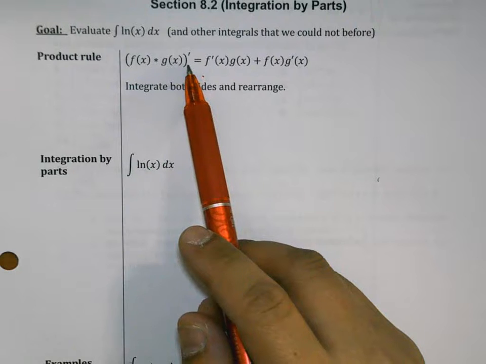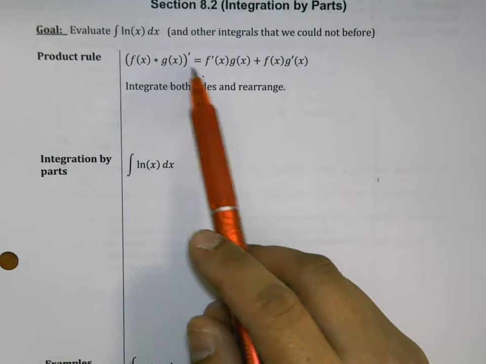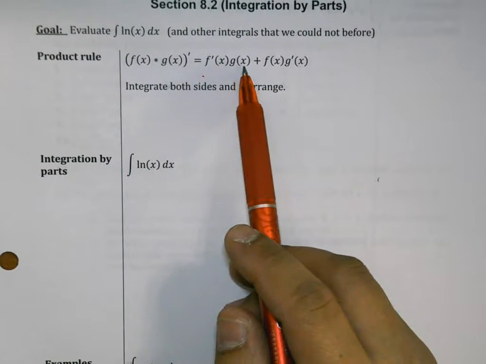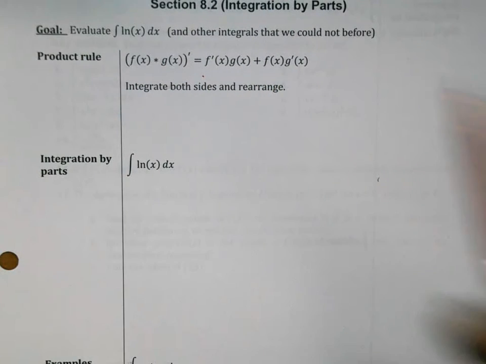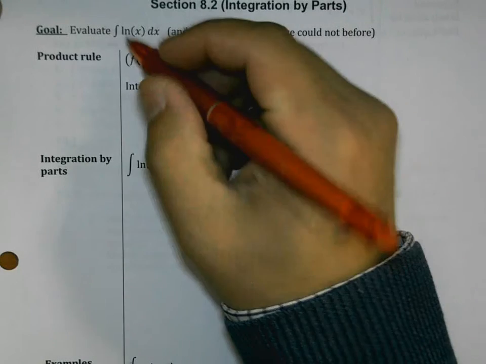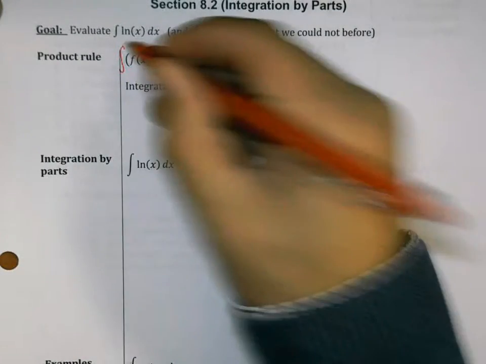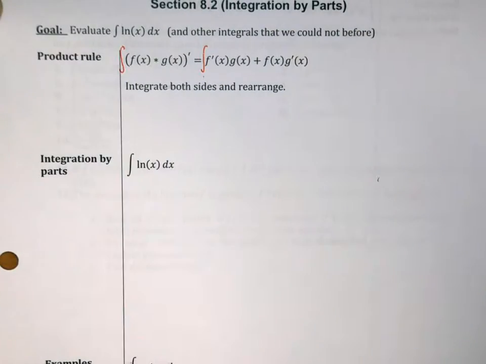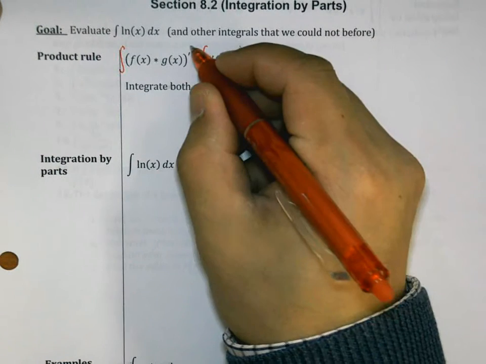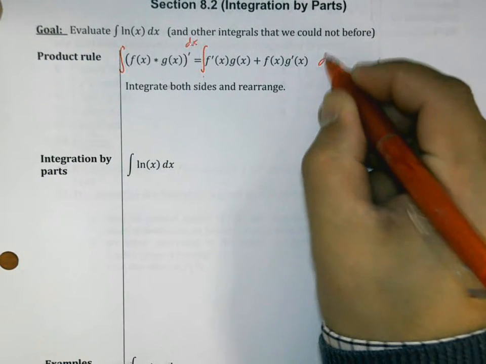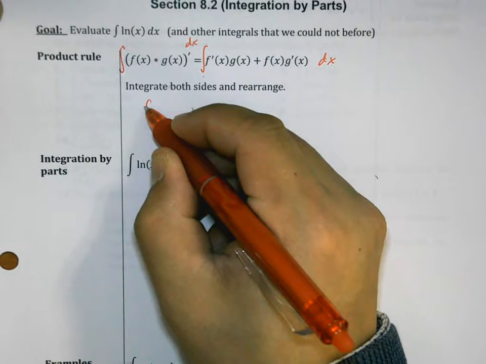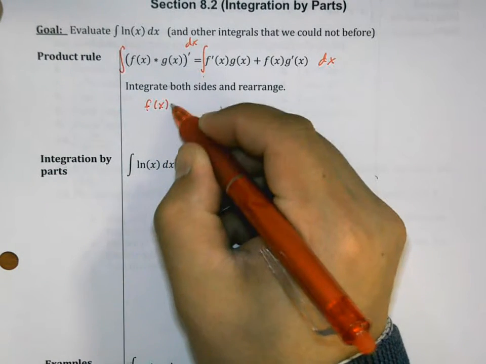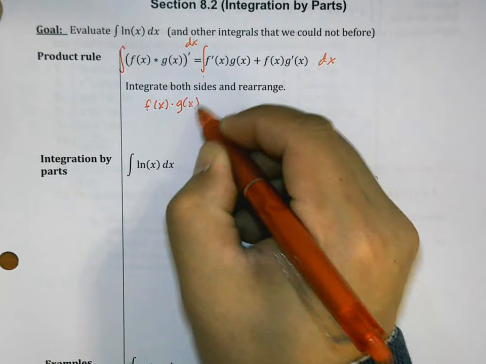F times g, the derivative of that, is equal to the derivative of f times g plus f times the derivative of g. So naturally, if we take the integral of both sides with respect to dx, on the left side we simply get f of x times g of x.